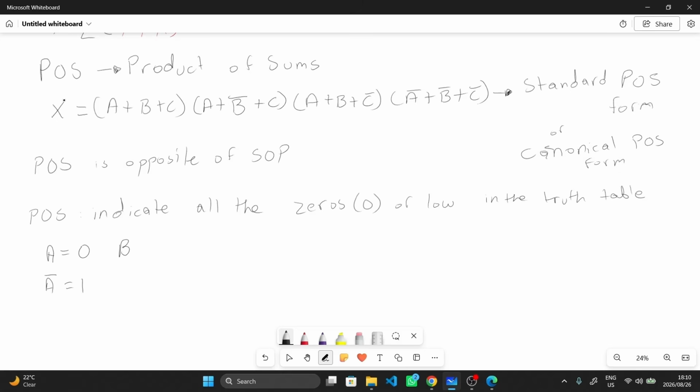Similarly, B is 0 and B complement is 1, and C is 0, C complement is 1, right? So as I said, if you remember SOP, then you remember in POS everything is opposite, right?